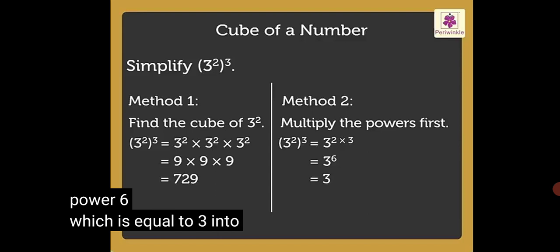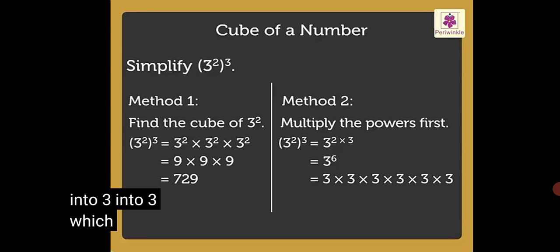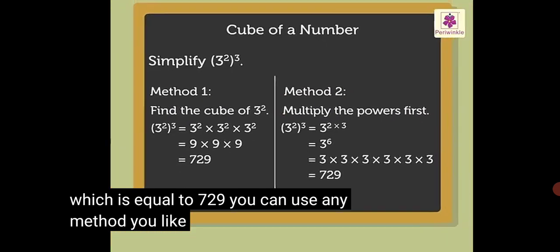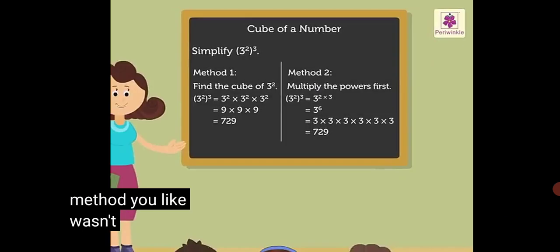So 3 into 3 into 3 into 3 into 3 into 3, which equals 729. You can use any method as you like.